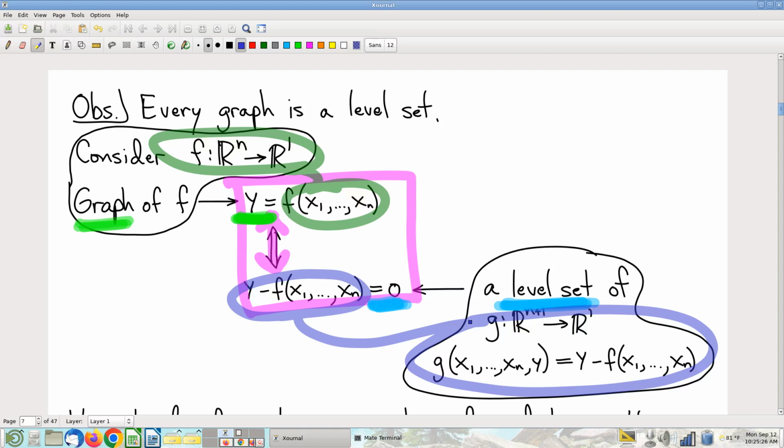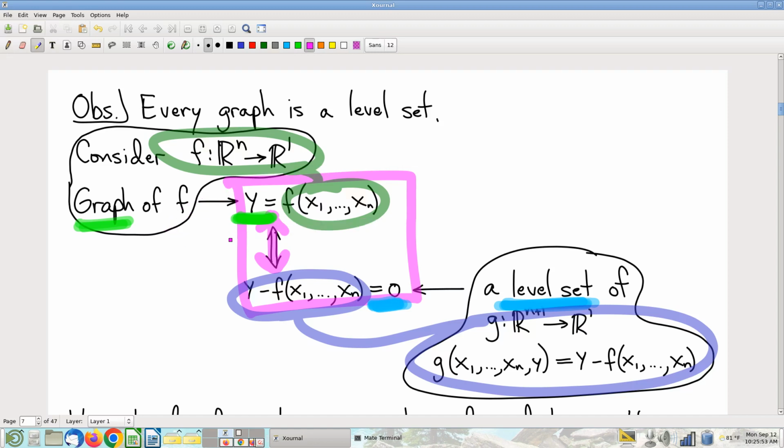That's part of what's on the left-hand side. So what's nice about this, again, I'll remind you that you have to be careful about the difference between graphs and level sets. What is a graph of one function is a level set of a different function. This process shows you how, anytime you have a graph, any graph at all, you can always do this move.